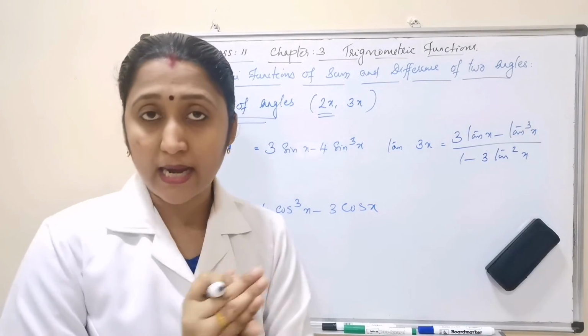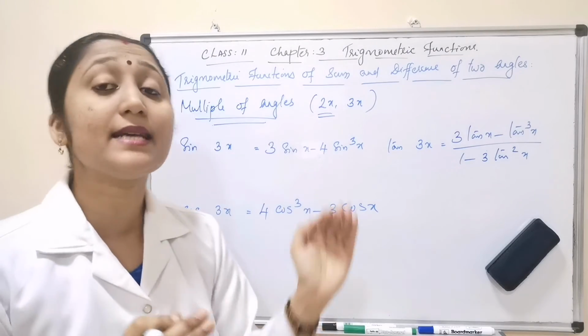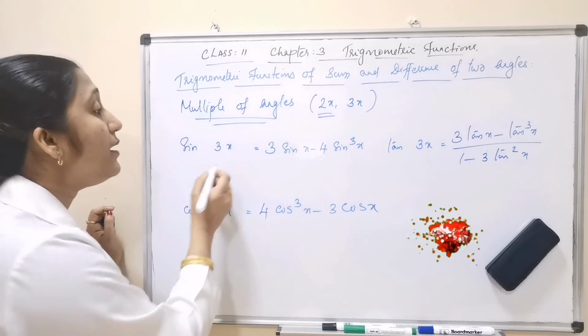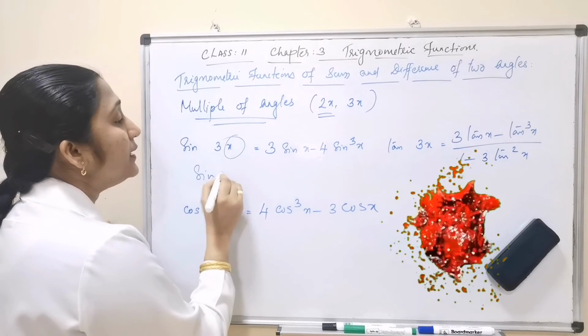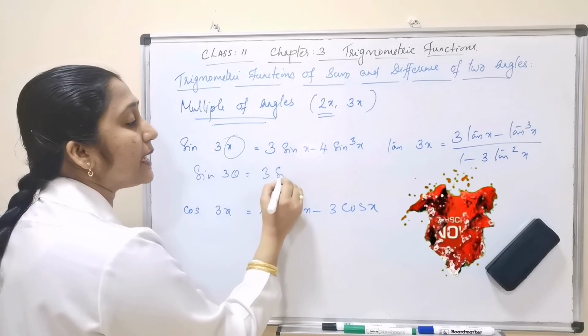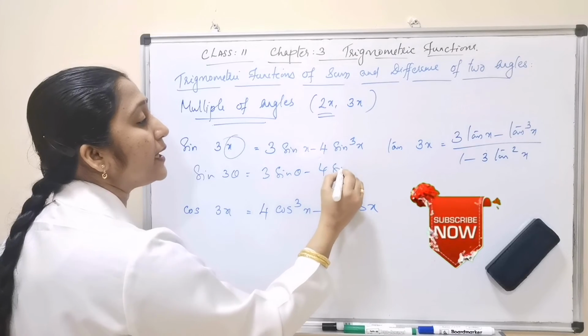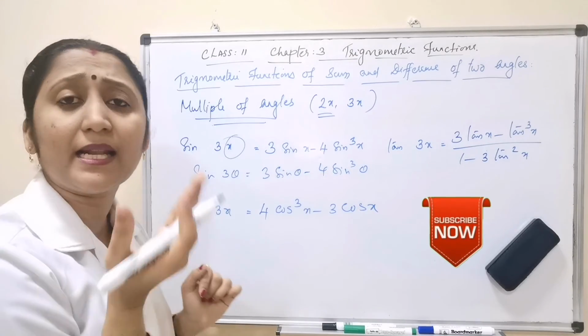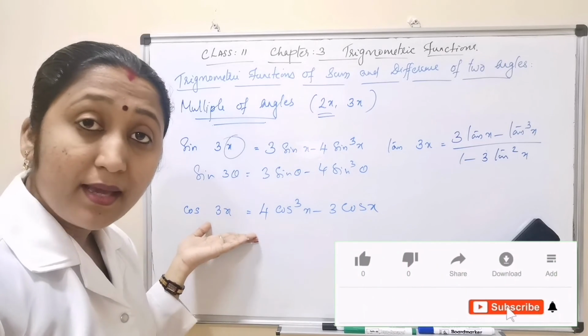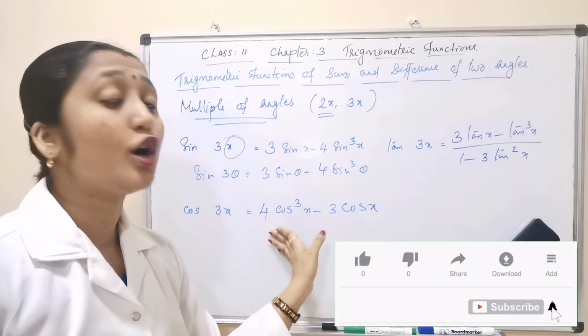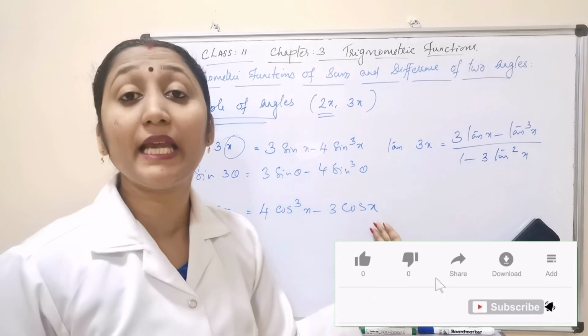Sine of 3 theta is 3 sin theta minus 4 sin cube theta. Here the angle is x; here theta means sin 3 theta equals 3 sin theta minus 4 sin cube theta. It is very easy and simple to memorize. But in the case of cos 3x, it will be 4 cos cube x minus 3 cos x.